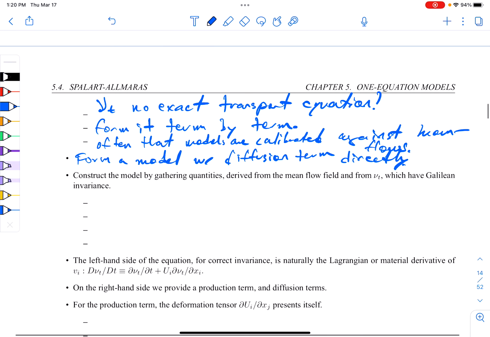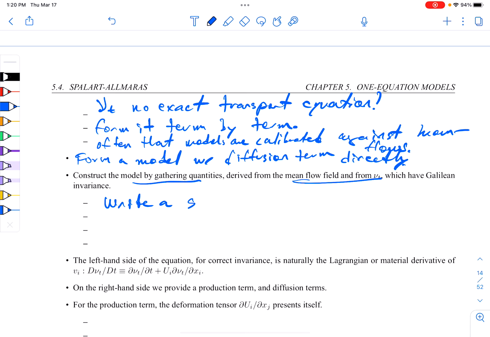So what they did is try and construct a model directly from mean flow quantities and eddy viscosity and try and build a transport equation. So just to write a transport equation for nu_t.